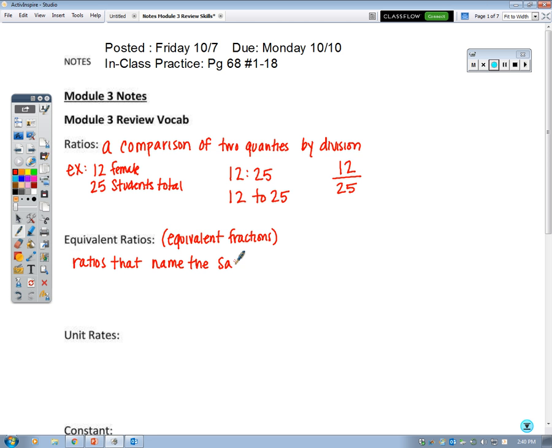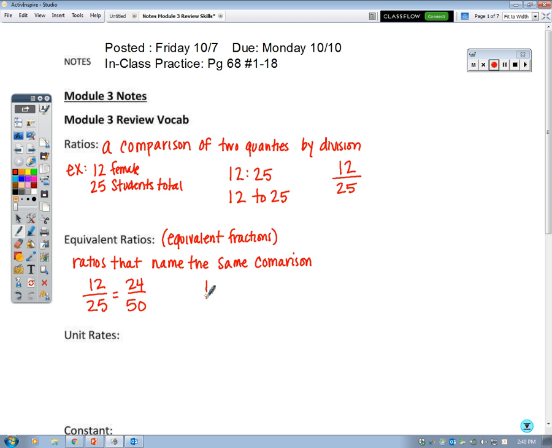So if we look at that example from above of 25 students, and we want to know if we had 50 students, what would that look like? Well, we know that we have 12 out of 25 that are female, and we could say, okay, well, that means that we can say 24 out of 50 would be female, or so on and so forth.